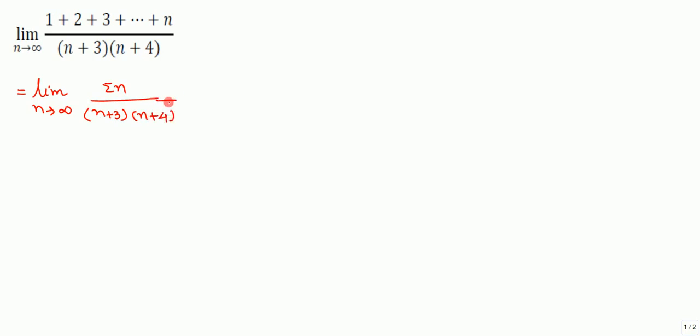Now putting formula of sigma n, limit n tends to infinity, n into n plus 1 divided by 2 into n plus 3 and n plus 4.